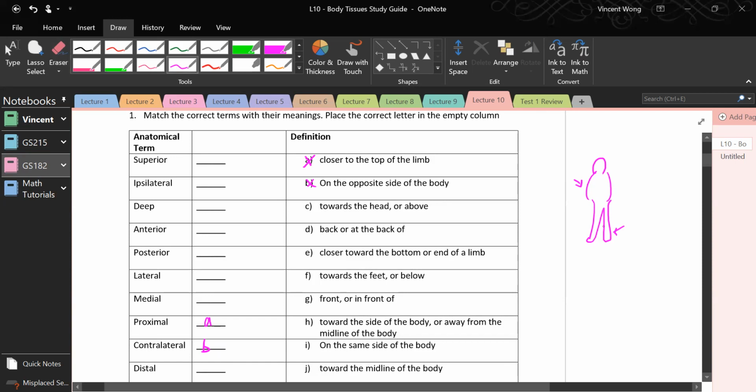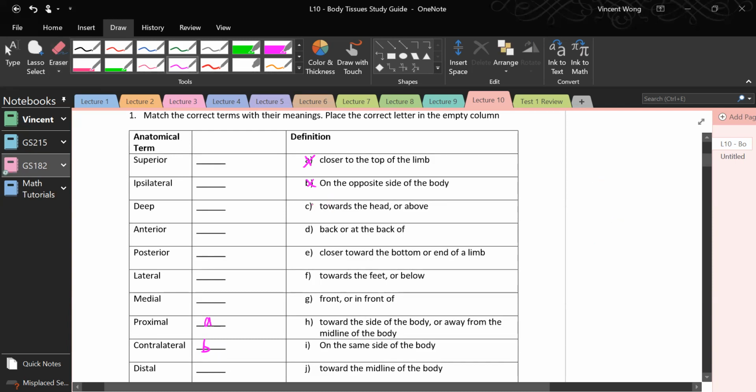Left and right are opposite because we're looking at it from the front. It's more important when we talk about the nervous system next semester, that the right half of the brain controls the left half of the body. So it's a contralateral relationship.